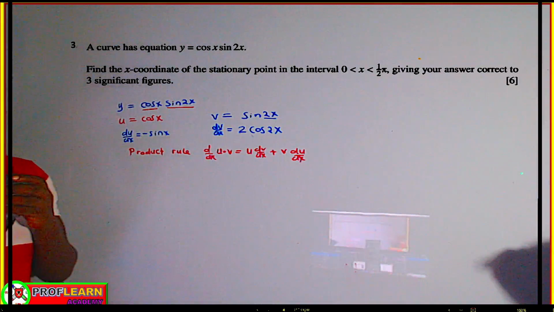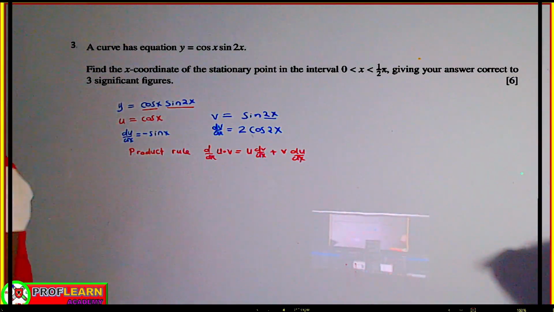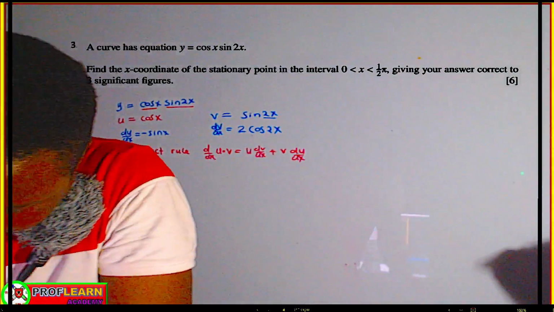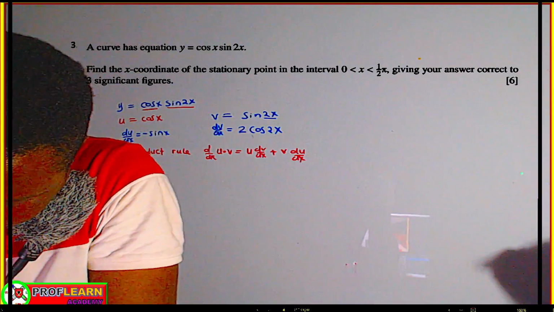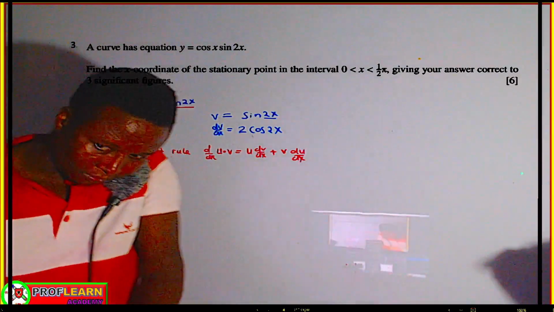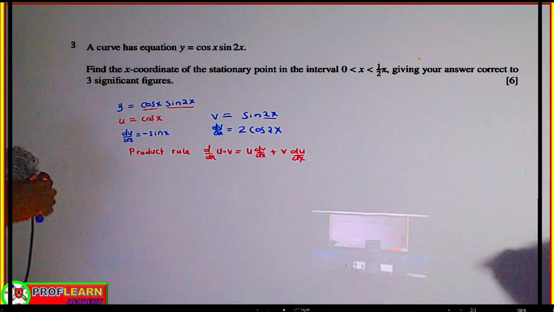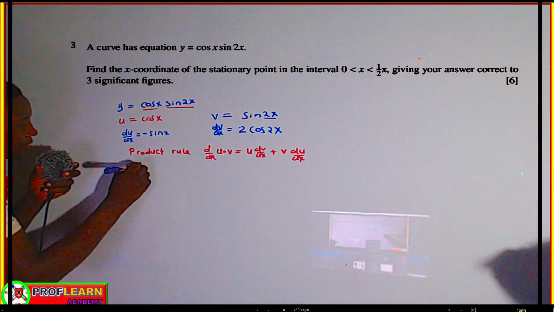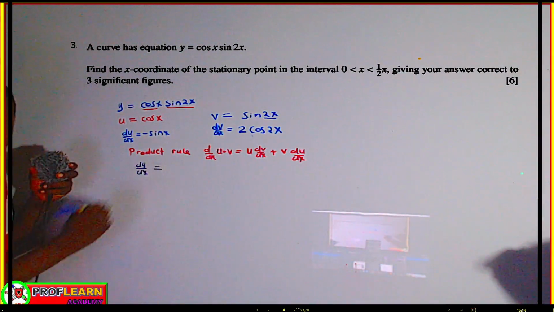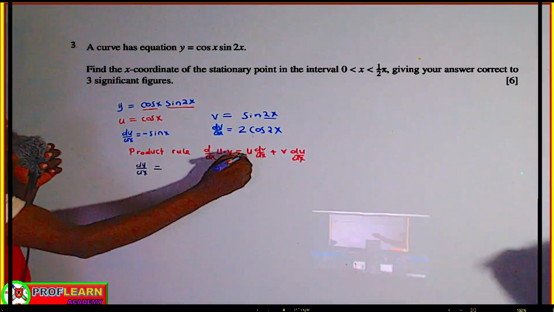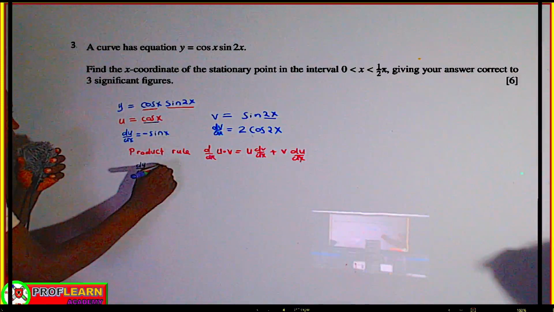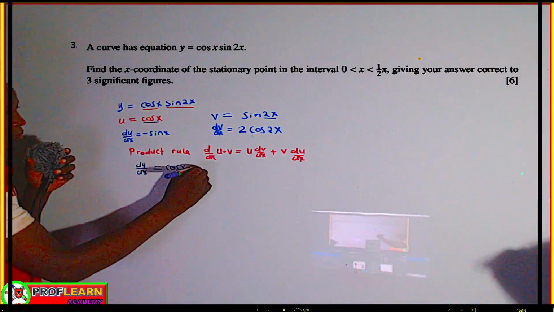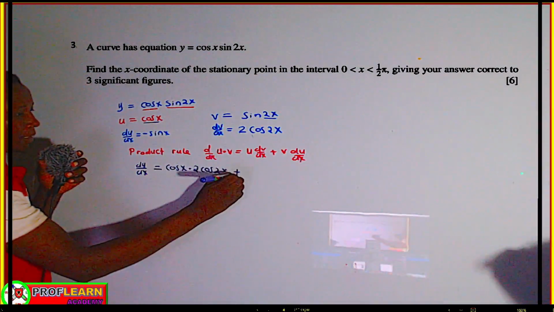So once we have that, we can now substitute the functions that we were having at this point. So dy dx is going to be equal to what? Our dy dx is going to be u, our u is cos x times dv dx. dv dx is actually 2 cos 2x, then plus what?